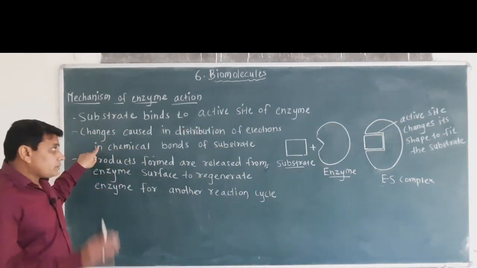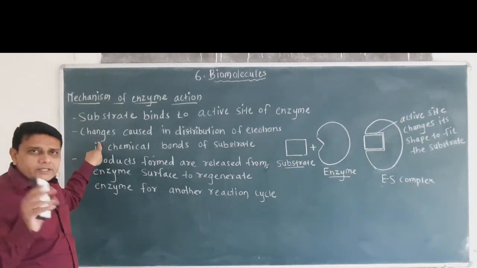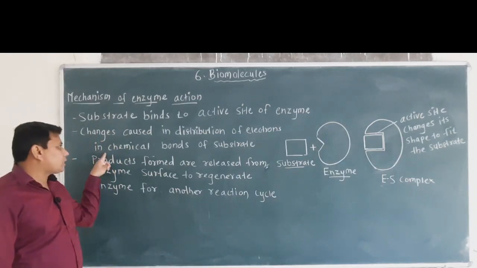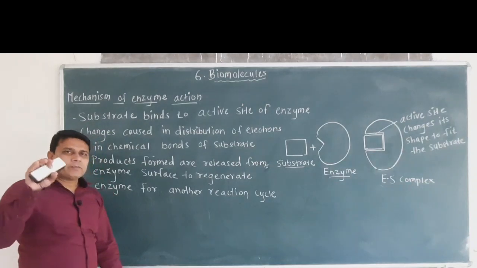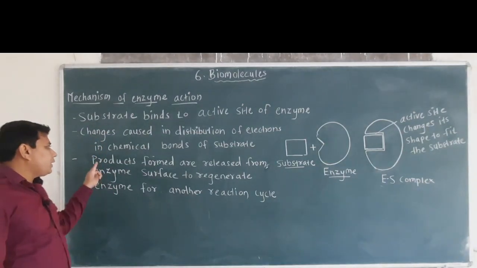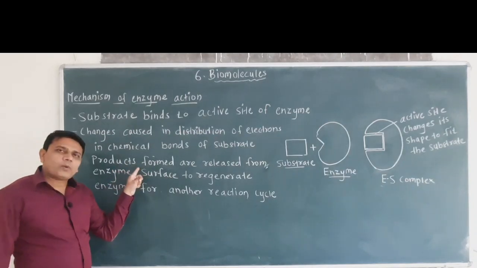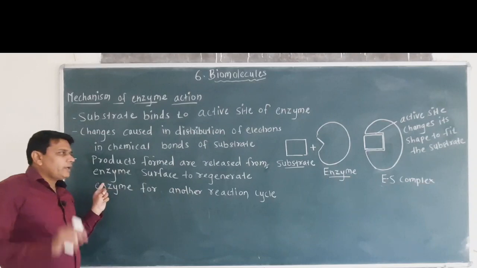Now the changes are caused by the enzyme in distribution of electrons in the chemical bonds of the substrate. So enzyme acts on the substrate and it produces useful product, and these products which are produced are released from the enzyme surface.